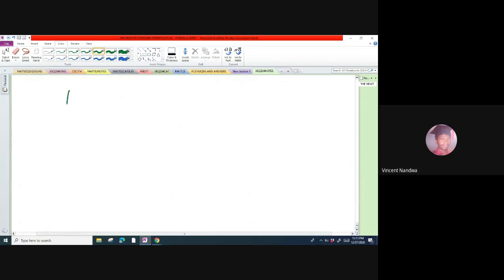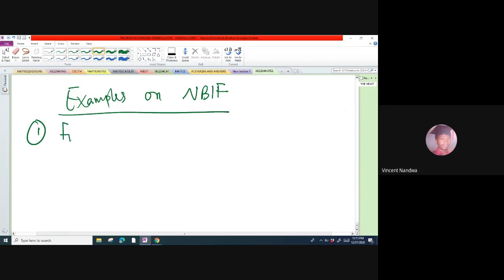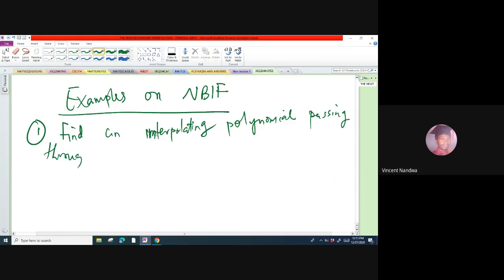Examples on Newton backward interpolation formula. Example 1: find an interpolating polynomial passing through all the following points.